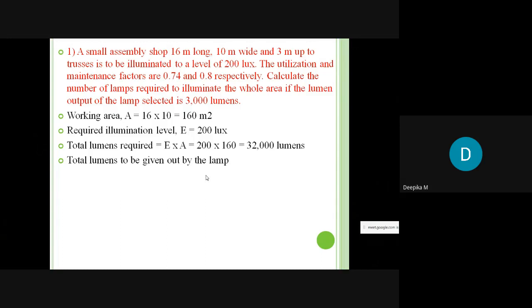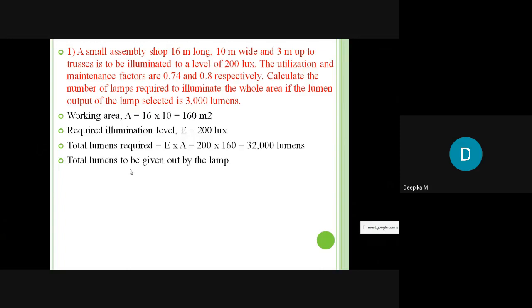Next, total lumens to be given out by the lamp. This is the lumens required by the area to get illuminated, but we also need to calculate how much lumen is given out by the lamp, because not all the flux given out by the lamp will fall on the area.